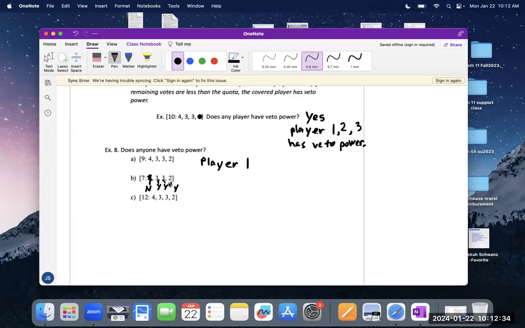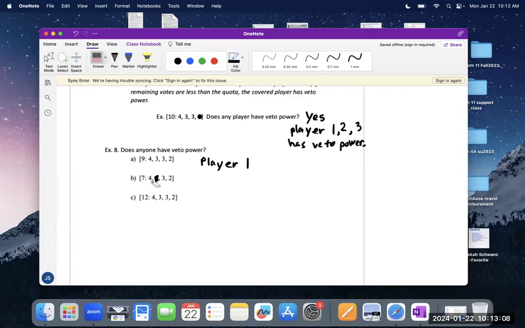If yes, they do, then if you took away a smaller number, they are still going to have enough power to pass any motion. So if the highest weighted person doesn't have veto power, then anybody smaller will not. So let's just see that. If I take away the 3, then 4 plus 3 is 7, plus 2, they already met. So they can definitely pass any motion without player 3.